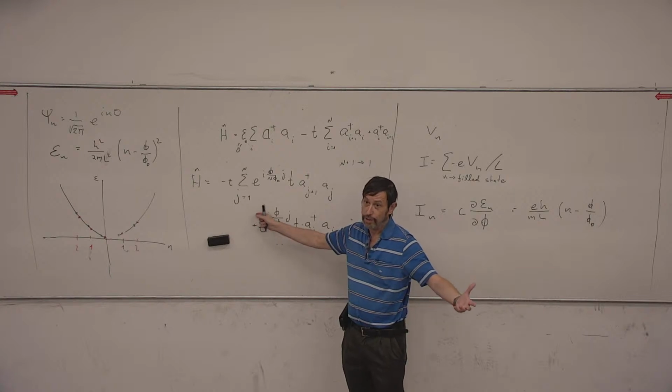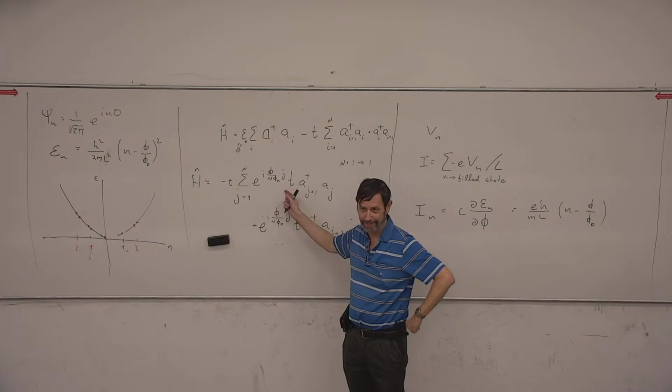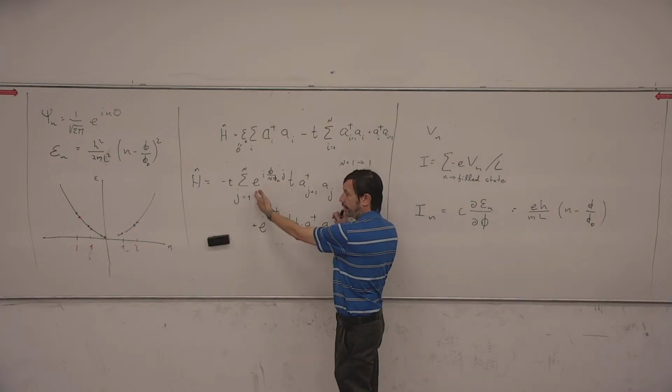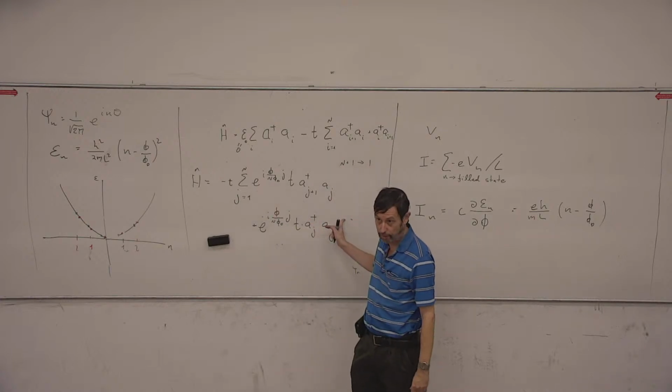Or Hermitian conjugate, otherwise my Hamiltonian is not Hermitian. And I can't allow that to happen. I take a complex conjugate of this guy, I get exactly this guy, Hermitian conjugate.